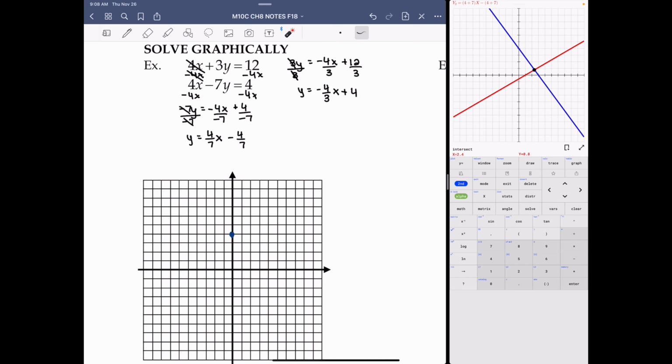Going to go down 4 and right 3, put a dot. Down 4, right 3, put a dot. If I want to go up, I go up 4 and left 3. Then I join those points together.